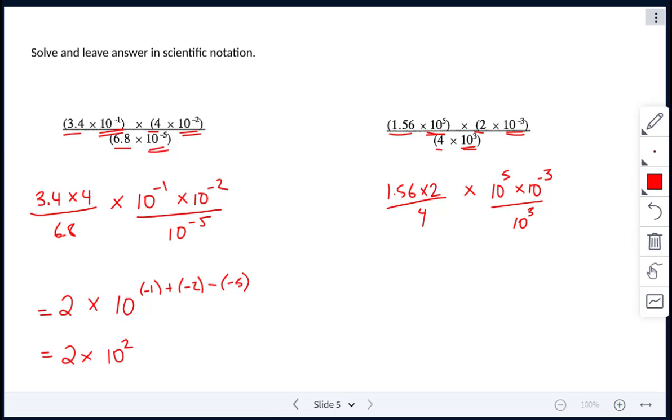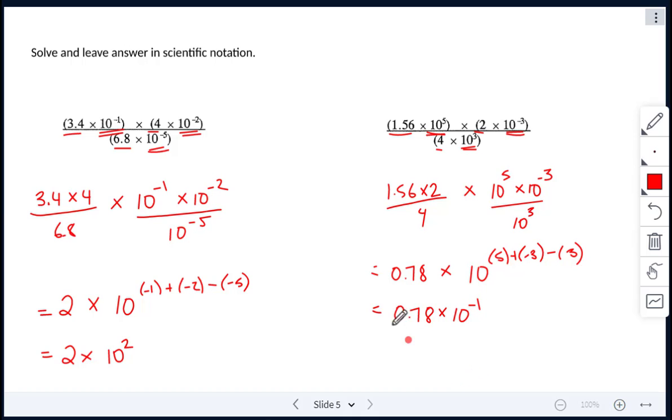All right, so 1.56 times 2 and then divided by 4, that gives me 0.78. And when we're doing our exponents, we have 5 plus negative 3, and then we have minus 3. So that gives me 0.78 times 10 to the power of negative 1.